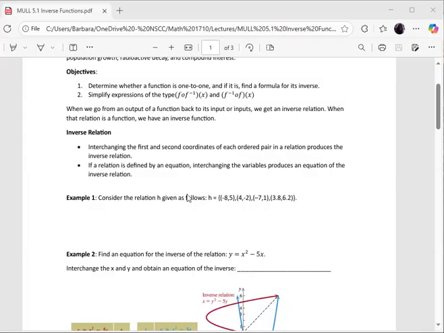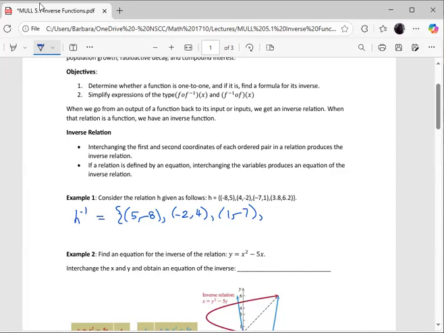For the inverse relation, we will switch the variables. So we'll call it H^-1, which is equal to (5, -8), (-2, 4), (1, -7), and (6.2, 3.8).